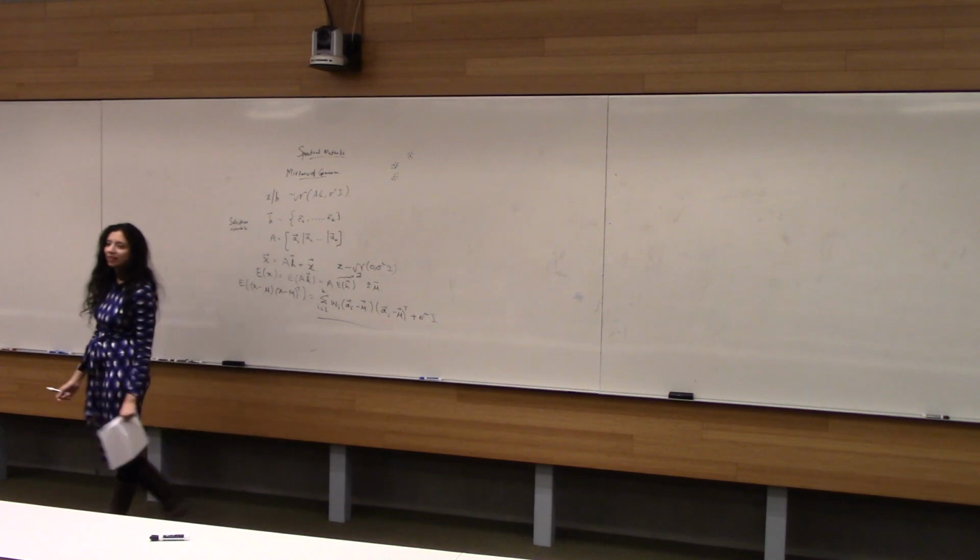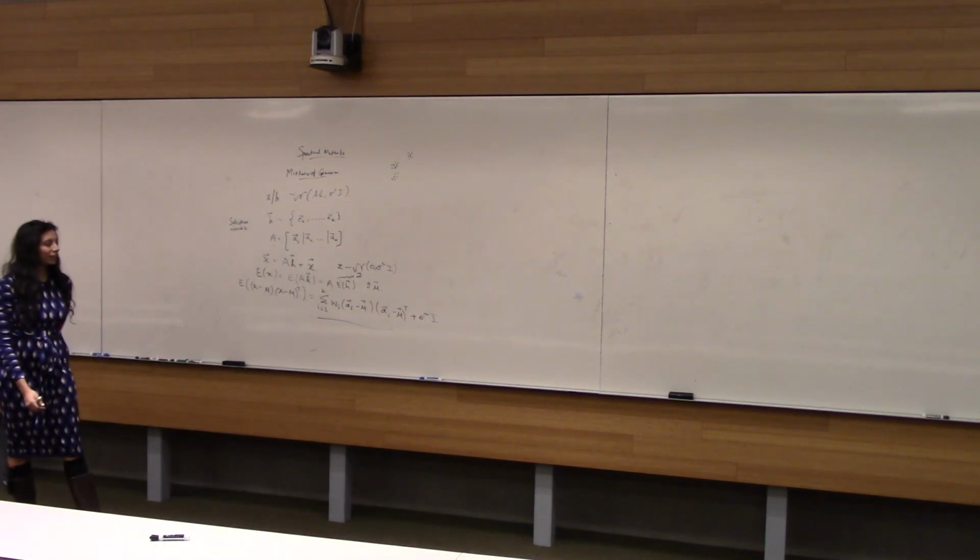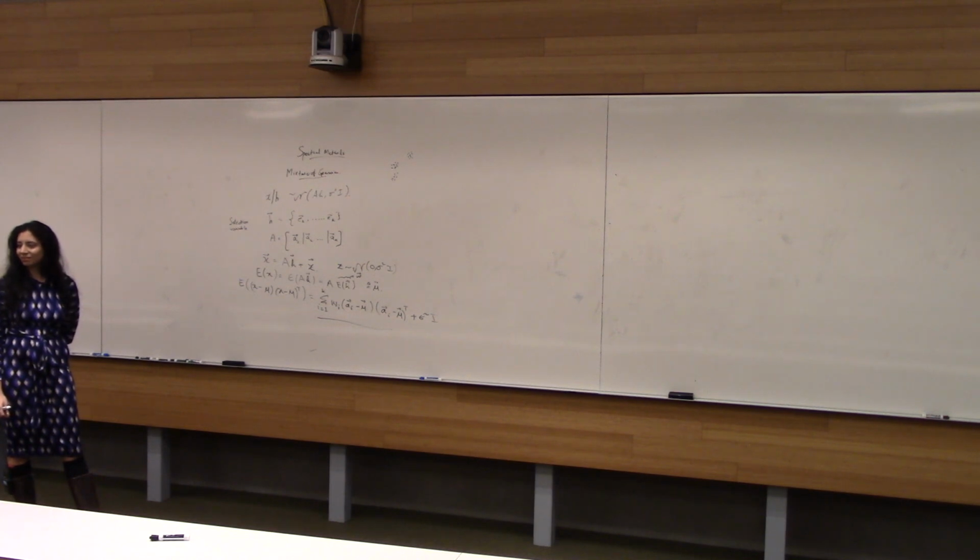So what's the rank of the sum of k components? What's the catch? Is it rank k? Is it lower? What do you think? It should be rank k.